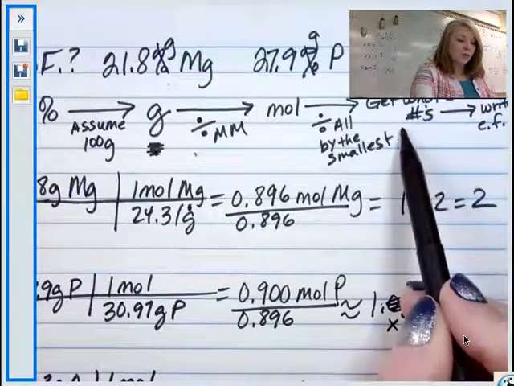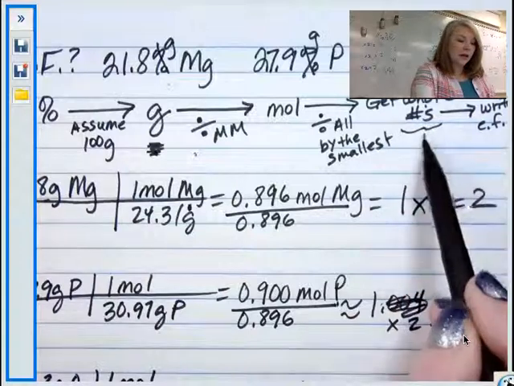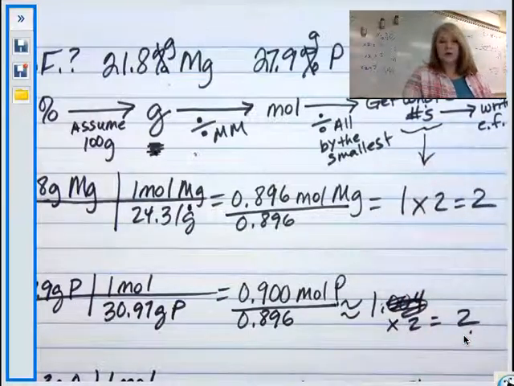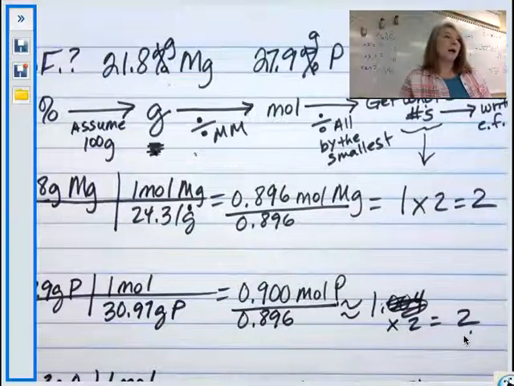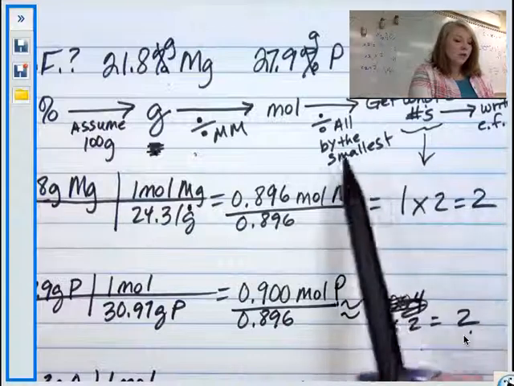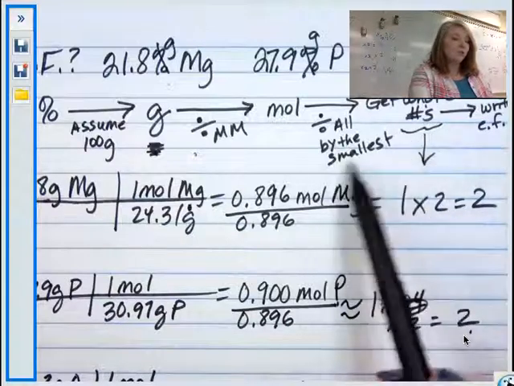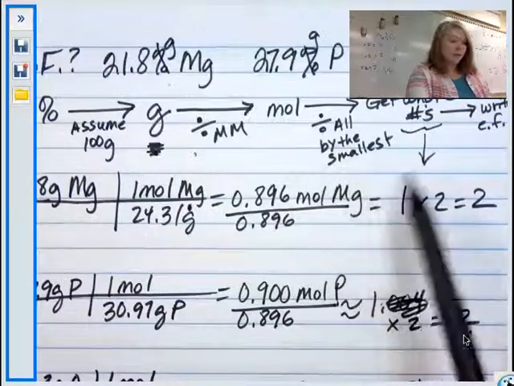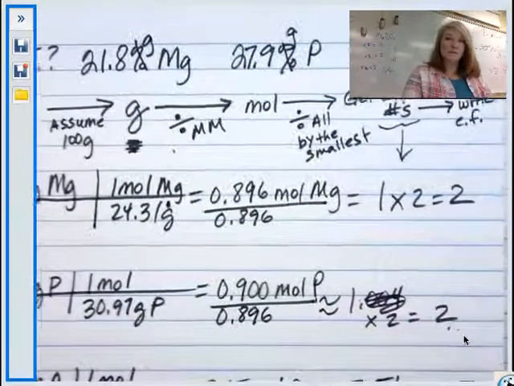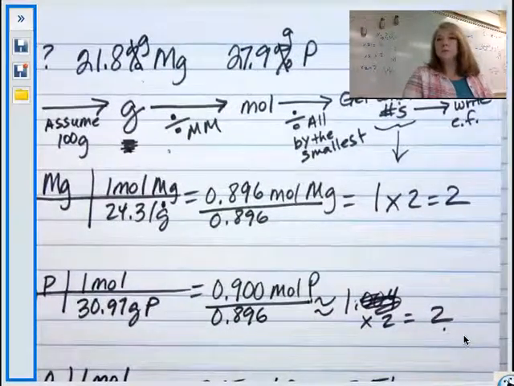If you didn't get whole numbers, you've got an example to look at of what we did to get whole numbers. We had to multiply by some integer. You won't have to do that every single time. Most of the time, you should end up with whole numbers just by dividing by the smallest. And then your last step is to write your empirical formula.